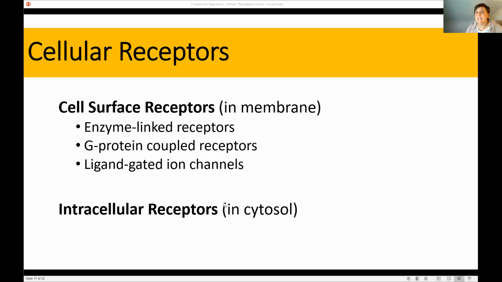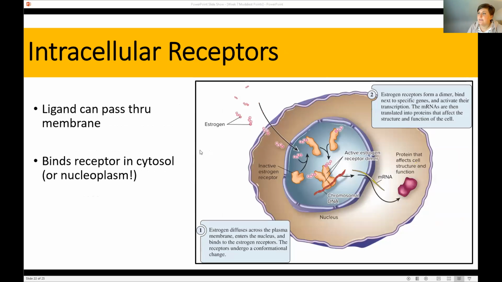And so these don't necessarily have to bind a cell surface receptor. They can actually bind receptors that are in the cytosol. This is showing estrogen, which does have an intracellular receptor. And again, intracellular receptors are only used for molecules that can pass through the cell membrane.